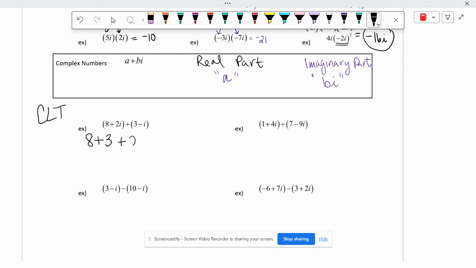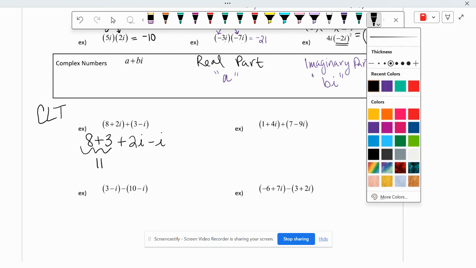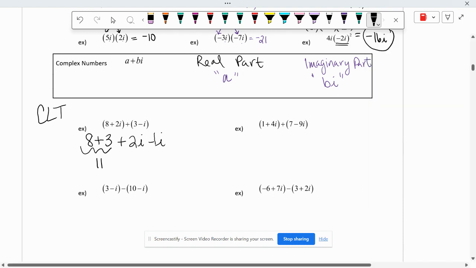And then I'm adding 2i to 2i minus i, the imaginary part. I can combine these two together. 8 plus 3 is 11. And this 2i minus i, remember there's a 1 in front of there. That's no different than 2x minus x. So what is 2i minus 1i? It's just i.